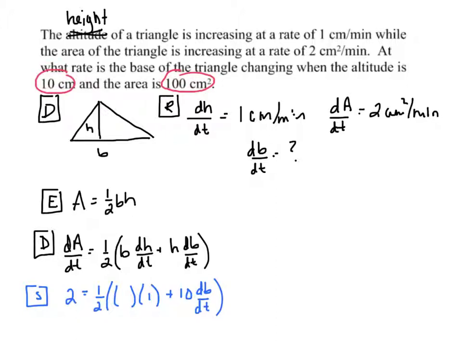Okay, so let me just kind of do that right over here in a little corner. So 100 equals half the base multiplied by the height. So 100 equals 5b, so b is 20.